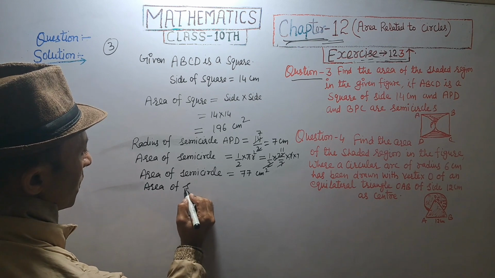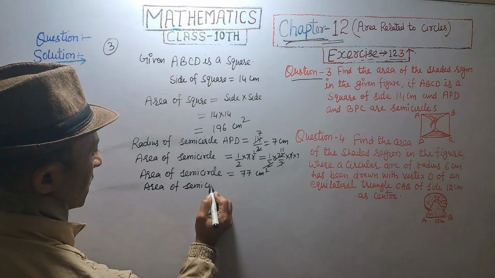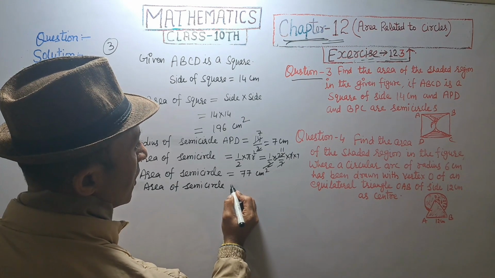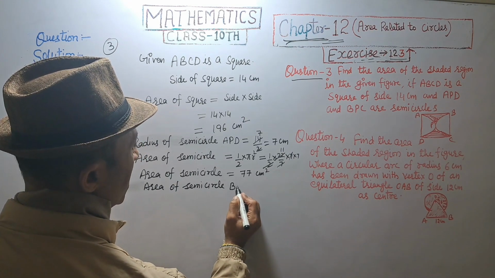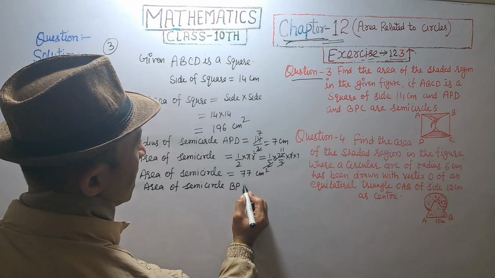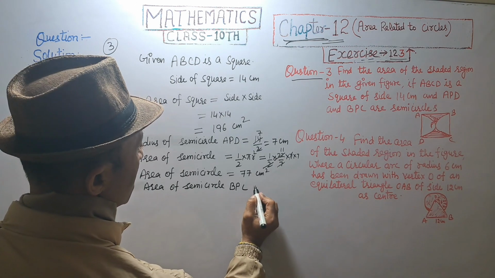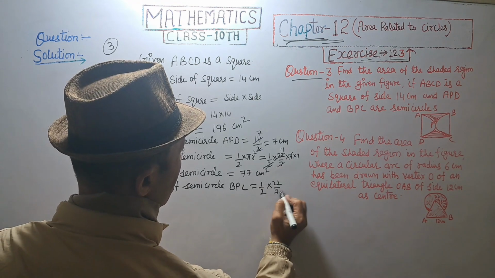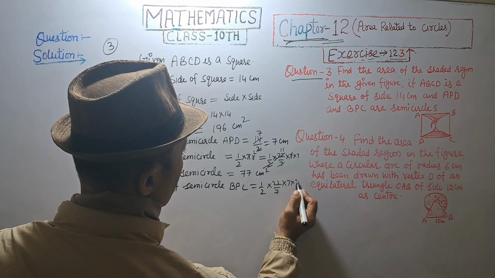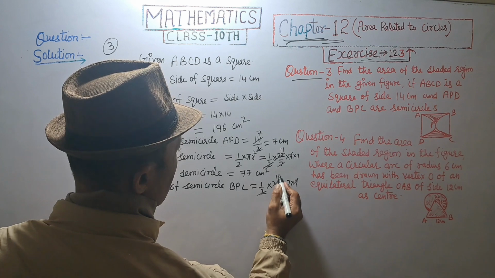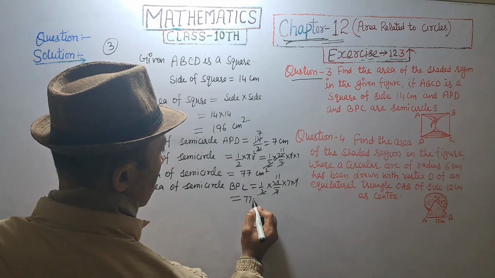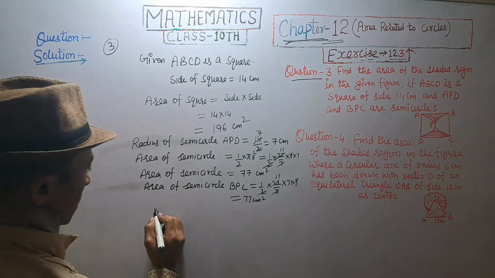Area of semicircle BPC, that is equal to half into 22 upon 7 into 7 into 7. 7 is cancelled and that is equal to 77 centimeter square.